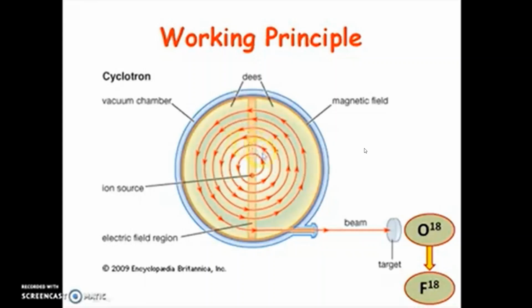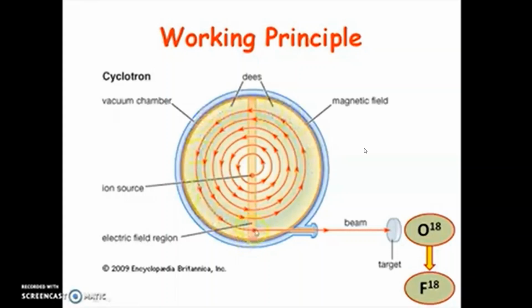Now this will be negative potential, so it will get attracted towards this, and it comes like this. By the time it reaches here, this will become negative, so it gets attracted, and you see this goes in a circular fashion, hence it is called a cyclotron. It means that the ion particles are accelerated in a cyclic fashion, hence we call it a cyclotron.